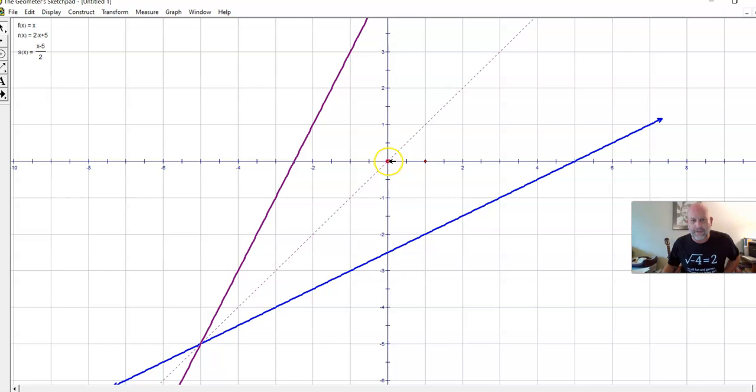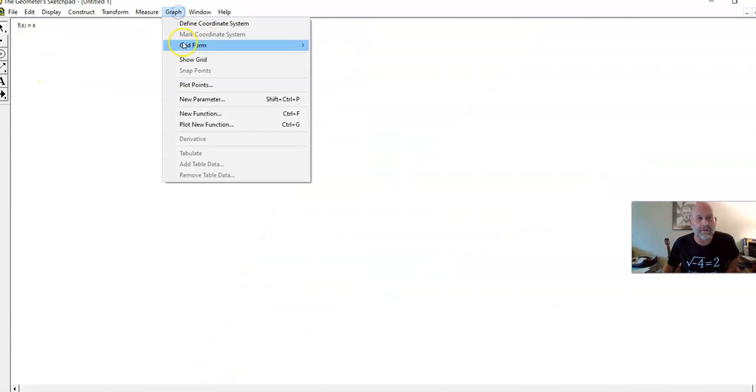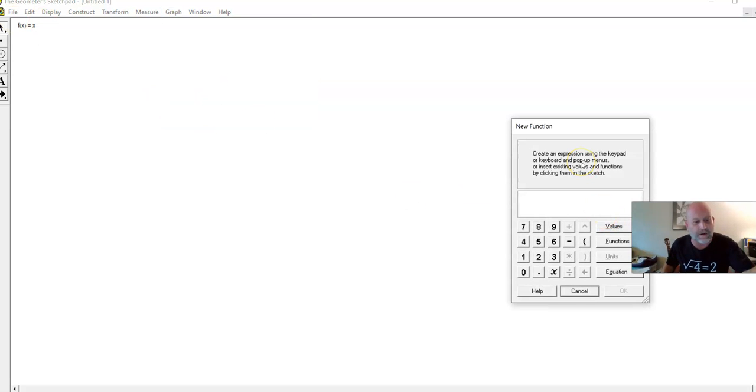Now, we run into a little problem. I'm going to erase these two. Let's delete those. When we have something like x squared. There.